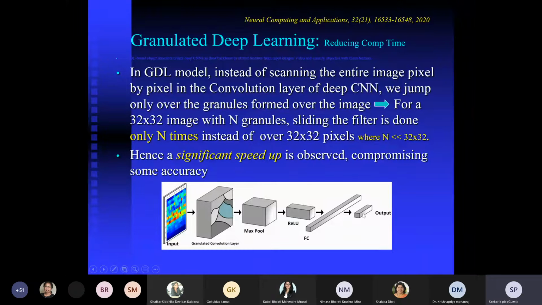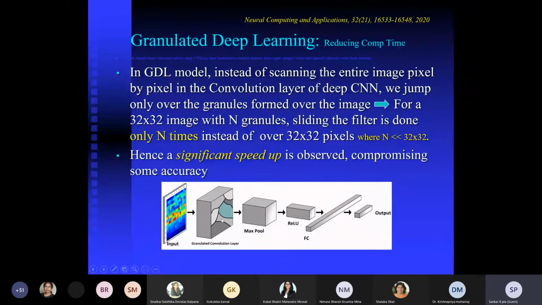So if you have worked in CNN, for every pixel you put a filter. In GDL, instead of scanning the entire image pixel by pixel in the convolutional layer, we jump over small granules. We first make it a granule. So when we move this filter over every pixel, we do it only once and then repeat the same value for others.